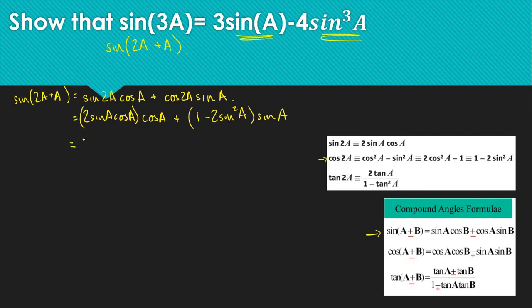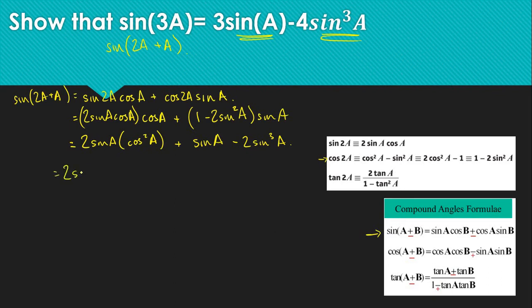Next we've got 2 sine a, lots of cos squared a. I'm just going to bracket that because you'll see in just a second why that's pretty handy. Plus sine a minus 2 sine cubed a, just an expansion there. Now this here, cos squared a, is 1 minus sine squared a. You should know that from year 1.